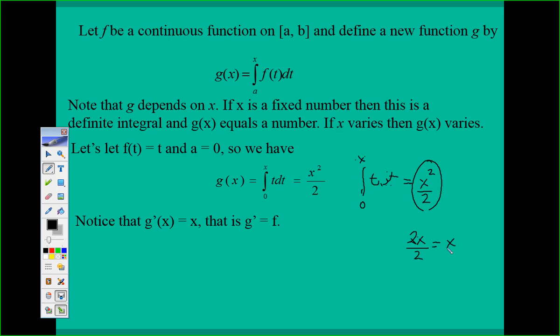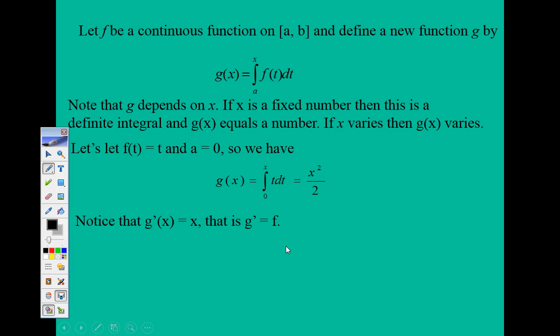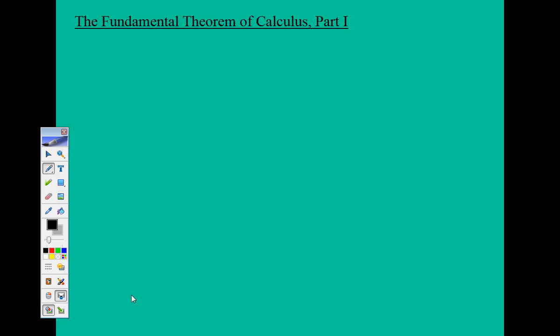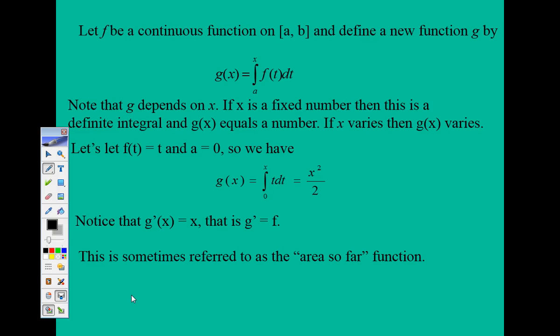So if we are taking the derivative of the accumulating function, or some people call it the area so far function, notice g prime is going to give us back f. That's just going to give us back our integrand in terms of x.